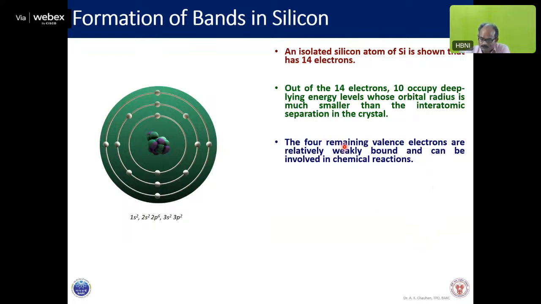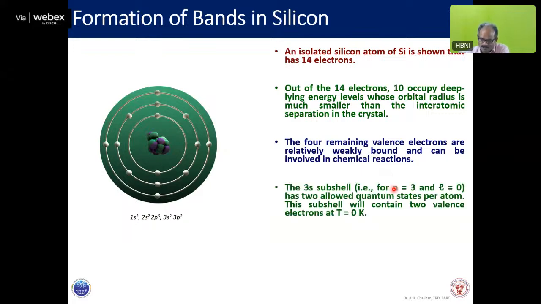So the 4 remaining valence electrons are relatively weakly bound, this we know, and involved in chemical reactions. Now these 4 electrons, 2 are there in 3s orbitals and 2 are there in 3p orbitals.